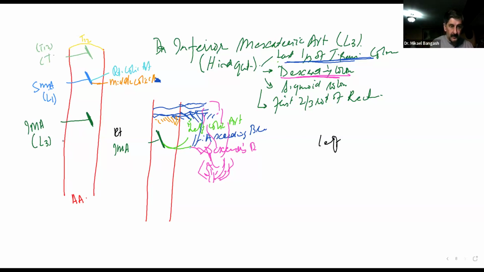So some branches from the ascending branch of your left colic artery will anastomose, those arcades will meet with the arcades of the middle colic artery.